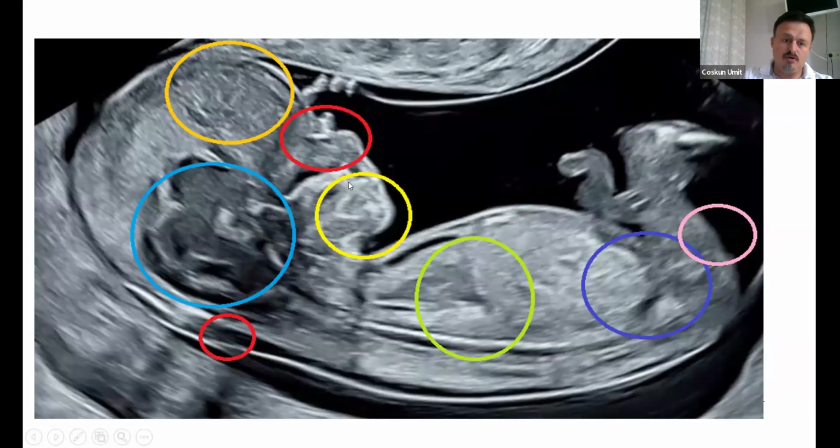And this is the nasal bone. This is the rectangular shape of the maxilla. Here is the vomer bone. This is the chin. Here is the thorax and abdomen, especially for gastroschisis and omphalocele.